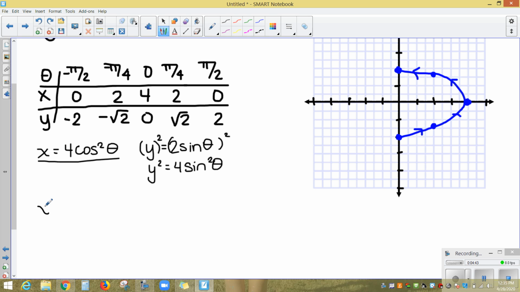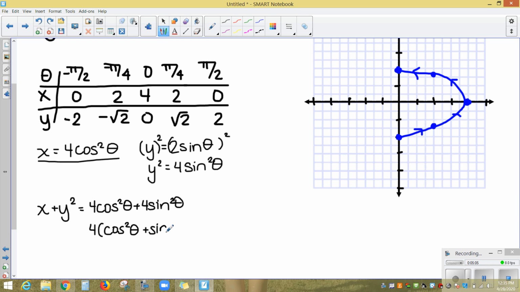So notice if I take the x from straight above me and I add that to y squared, then I have 4 times cosine squared theta plus 4 times sine squared theta. If I factor the 4 out, a lot of you took a longer path on this on your test, and it wasn't incorrect.